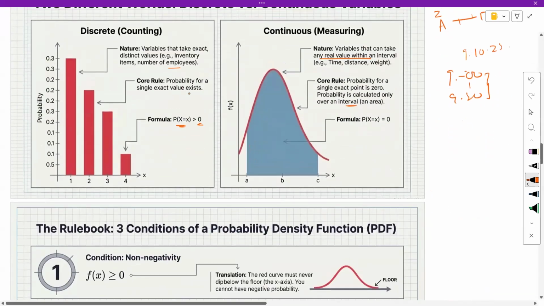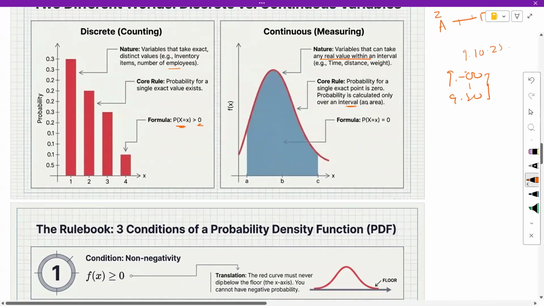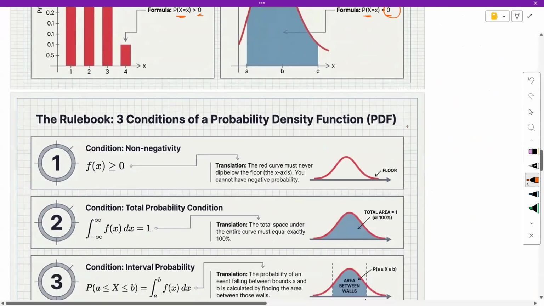So that's what is explained here. Probability is calculated only for an interval. Probability is 0 for an exact point. The formula here: probability of x equal to a certain point equals 0. We find probability for an interval.